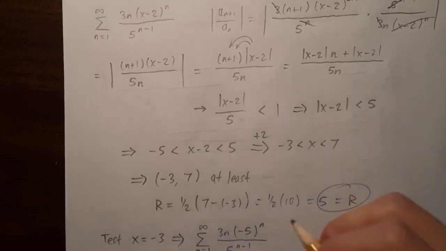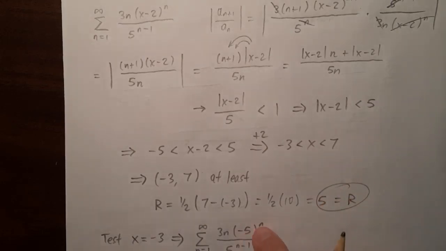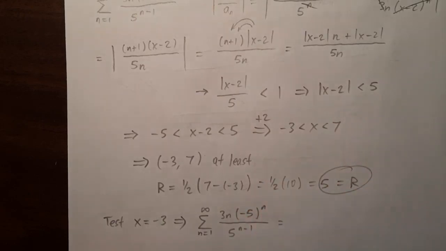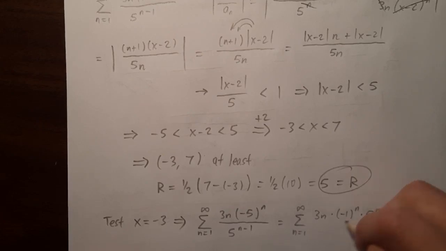Similar trick. I'm pretty sure these things should cancel. But in order to actually make them cancel, I need them to look exactly the same. So what I'm going to do is distribute the n to both the negative sign and the 5. And so I'm going to get 3n times negative 1 to the n times 5 to the n, divided by 5 to the n minus 1.